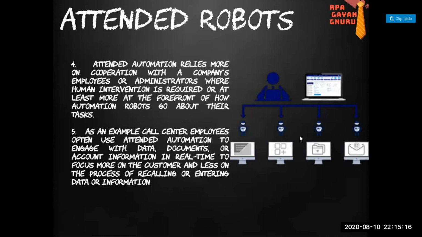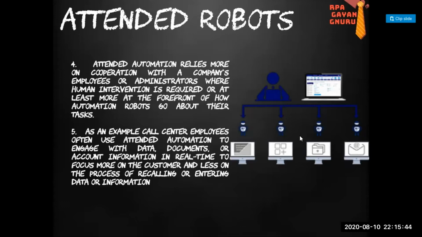As an example, think of a call center employee who often uses attended automation to engage with data, documents, or account information in real time, to focus more on customers and less on the process of recalling data or information. I want you to imagine this call center employee who is on the phone with a customer, and the customer is saying, "Hey, I had requested cancellation of services. What happened to that?"